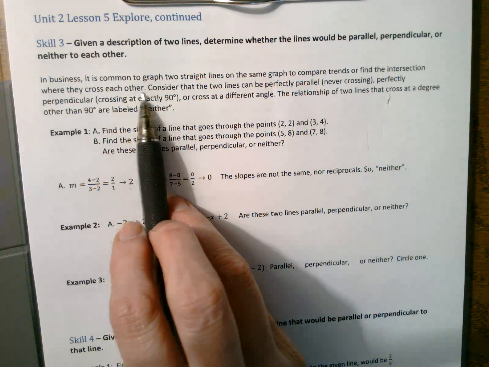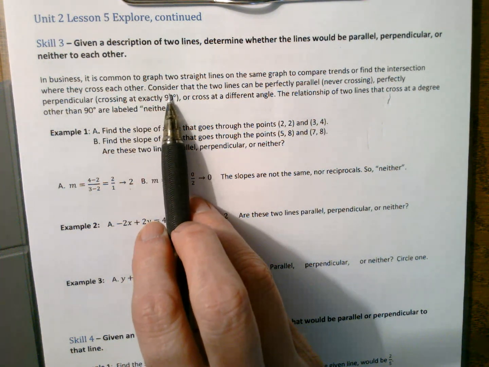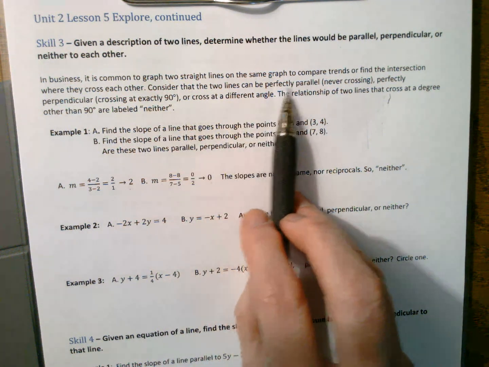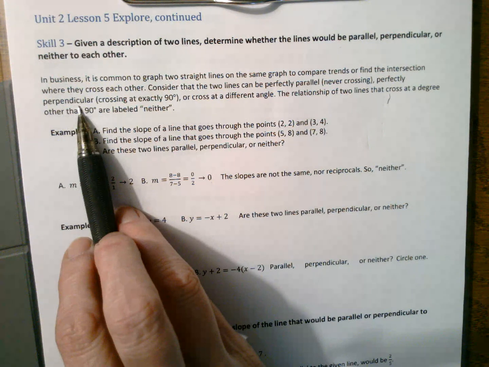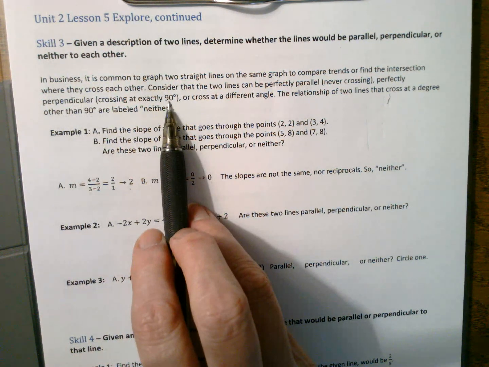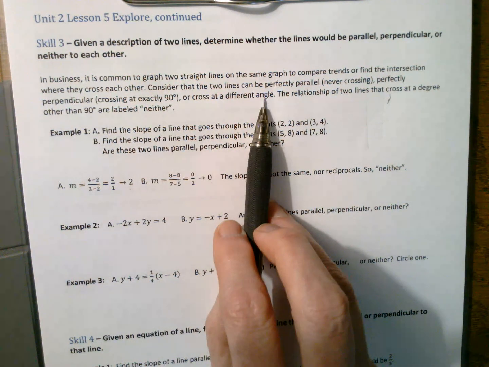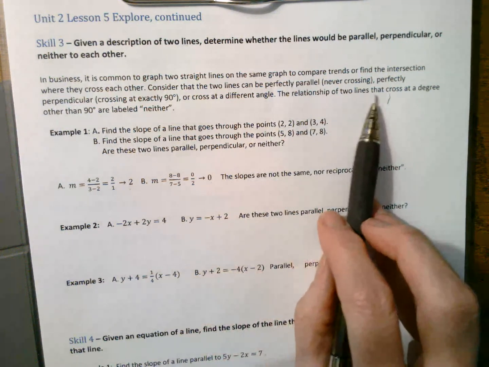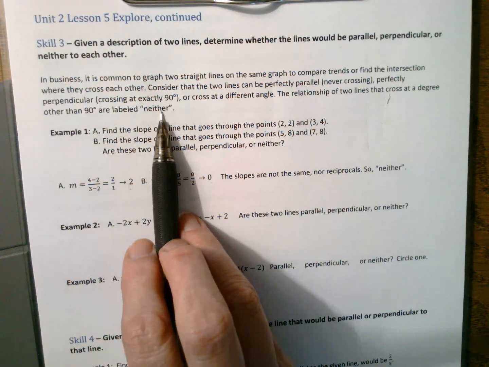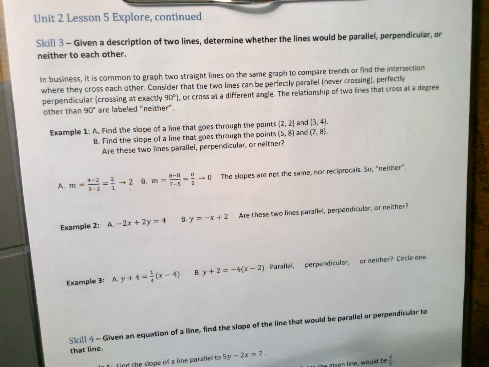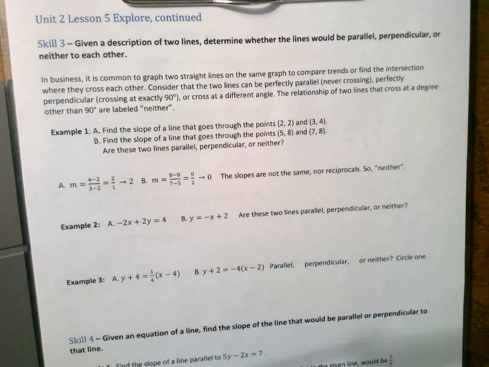Supply, demand, that kind of thing, right? Two lines can be perfectly parallel, which means they never cross, perfectly perpendicular, which means they cross at a 90-degree angle, or they cross at a different angle. The relationship of two lines that cross at a degree other than 90 is labeled neither. So three classifications: parallel, perpendicular, or neither.